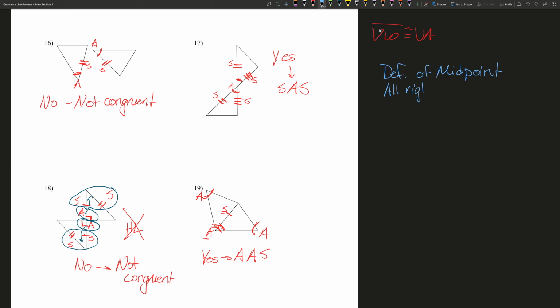All right angles are congruent. Base angle theorem. And then segment addition, or subtraction, whatever you want to call it, that works.